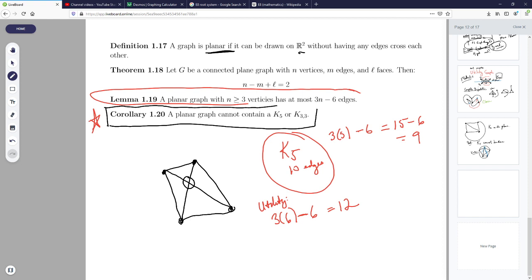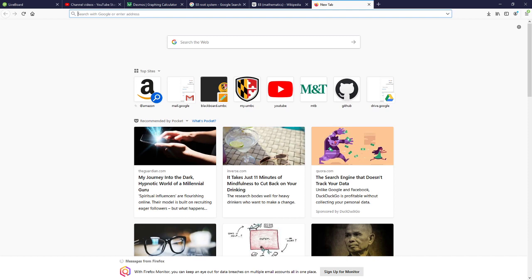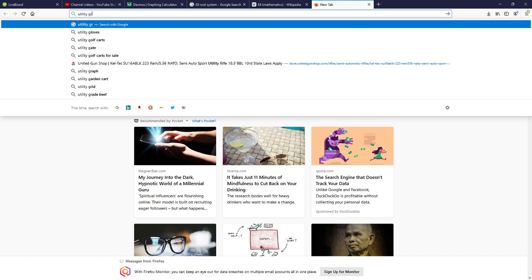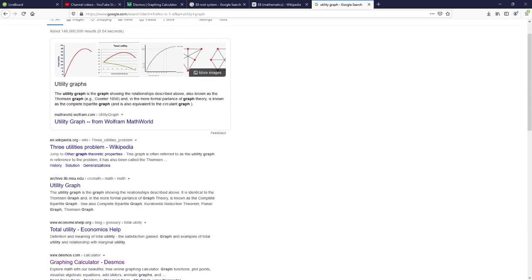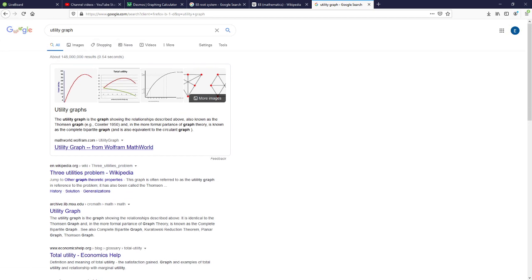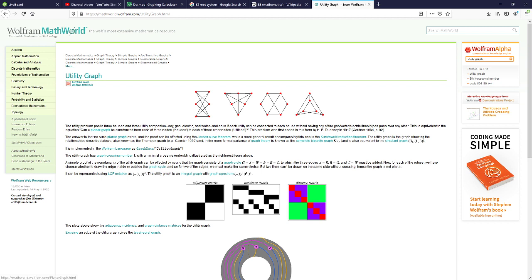Why don't we just look at a prettier version of the utility graph? Yeah, here we are. How many edges does it have? It has 1, 2, 3, 4, 5, 6, 7, 8, 9.